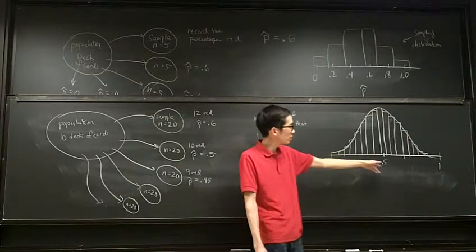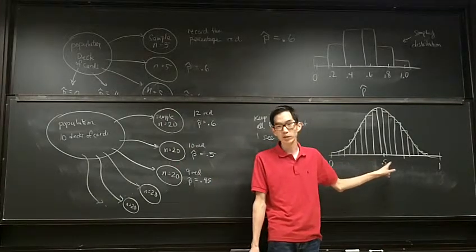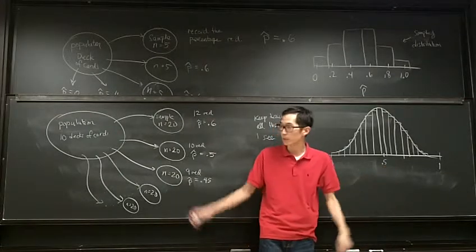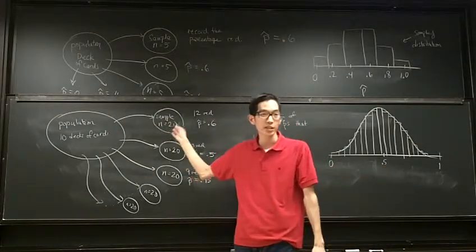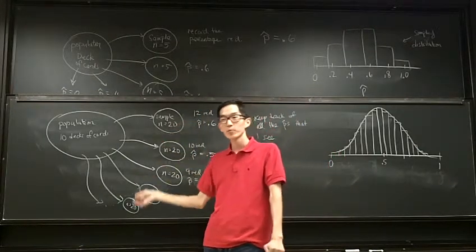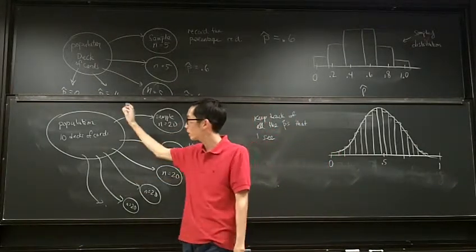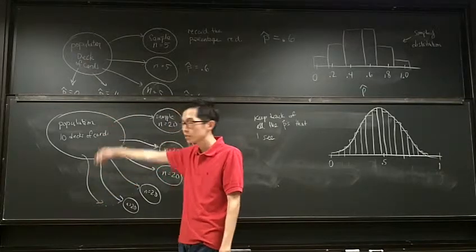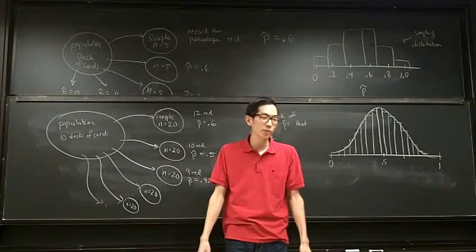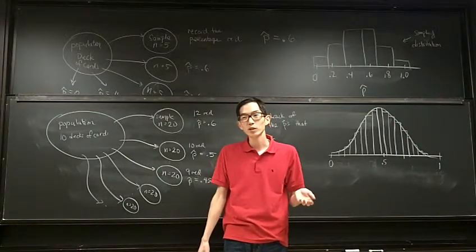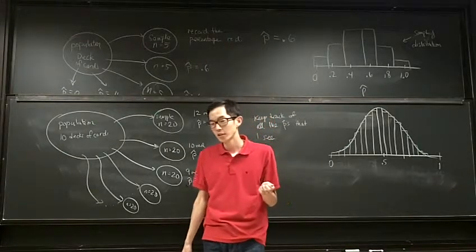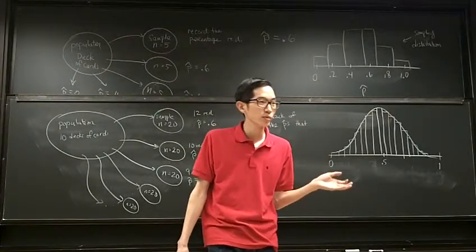And it doesn't have to be centered at 0.5. Why is this one centered at 0.5? Because black and red are even. Yeah, because half of the cards in the deck are red, and half of the cards in the deck are black, okay? But just imagine I had 10 decks, and let's say I wanted to ask, I take 20 cards at a time, what proportion of the cards are clubs, okay?